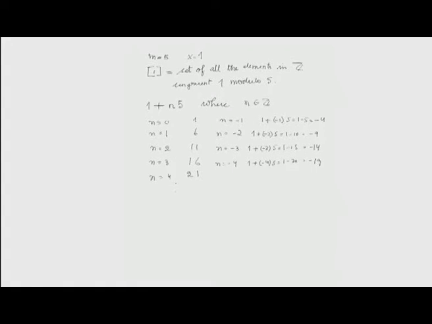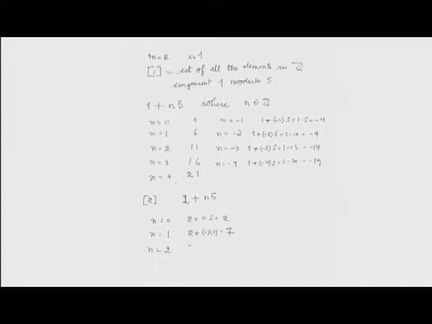We can extend this, we can say that okay, now I want to know all the elements which are congruent to 2 modulo 5, and this set we will write this. The elements of this set can be generated from the formula 2 plus n into 5. When n equal to 0, 2 plus 0 into 5 gives me 2. When n equal to 1, 2 plus 1 into 5 gives me 7.